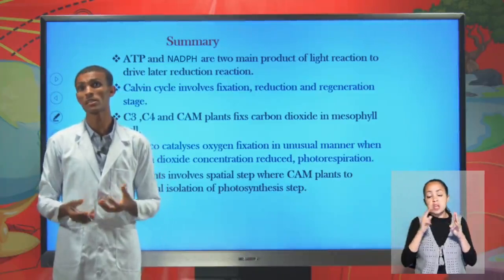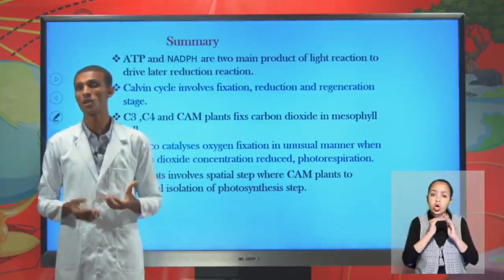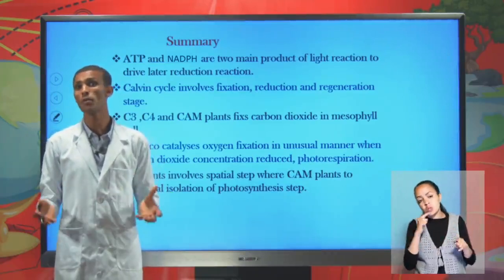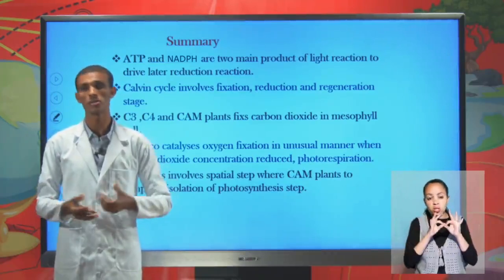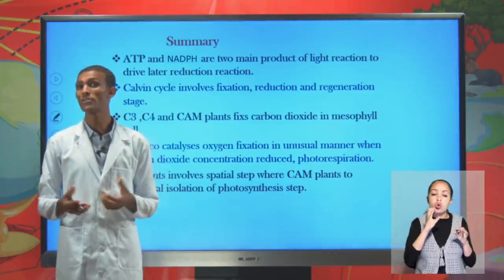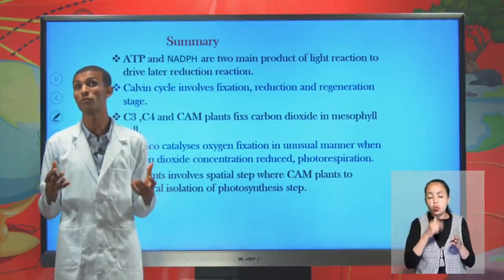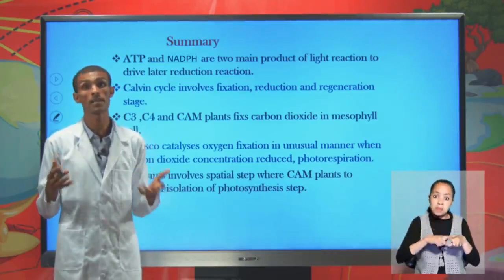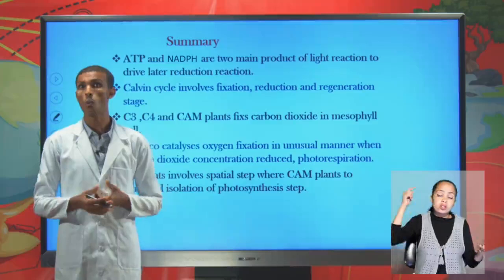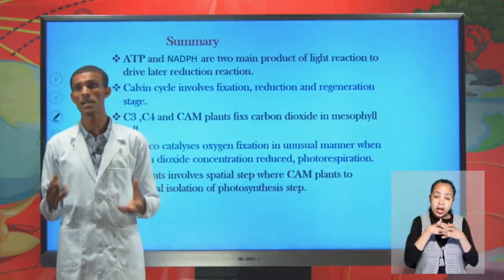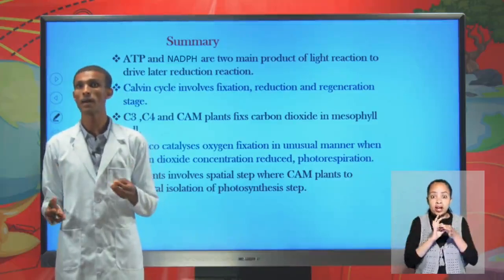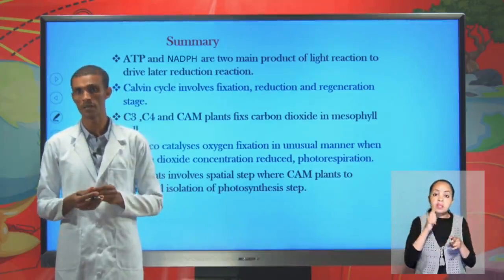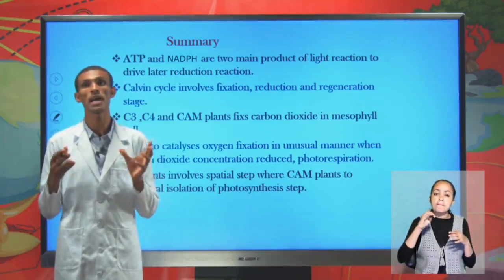Student, in today's lesson, we have seen what photosynthesis means, as it is a very important process in transducing energy from one reaction to another, which is very important in nourishing our ecosystem. We have seen that there are two main phases in photosynthesis, the light-dependent and the light-independent reaction, where these two reactions are interconnected by two main products produced over the thylakoid membrane, ATP and NADPH.